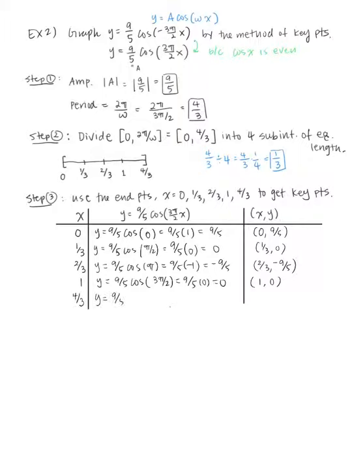Y equals 9/5 cosine of 2 pi. Cosine of 2 pi is 1, so here is 4/3 comma 9/5. Now let's graph this out. Step 4, graph.